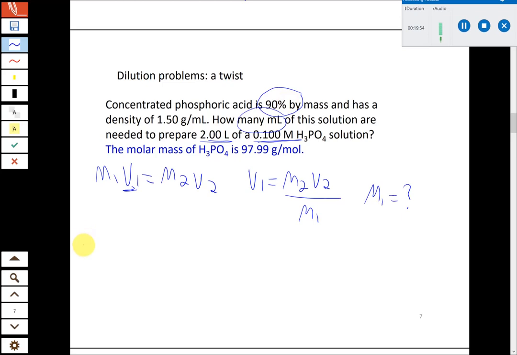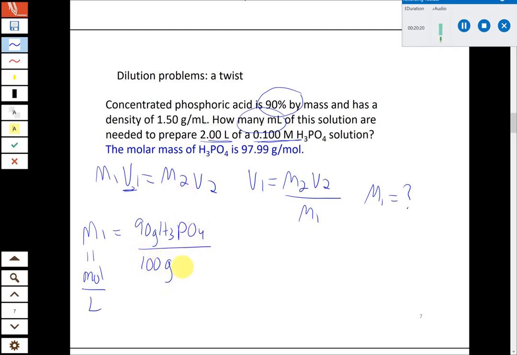So if we want to find what M1 is, we have to do a little bit of work in this case to get that. So we're starting with 90% by mass, and remember that the definition of molarity is moles per liter. So that's what we're looking for, a concentration in moles per liter, and the concentration that we're given is a mass percent, which means that we have 90 grams of H3PO4 per 100 grams of solution.